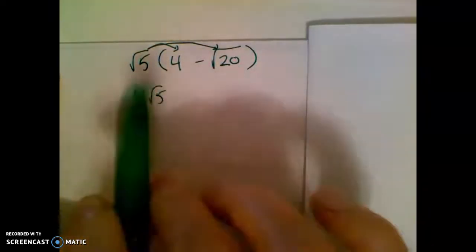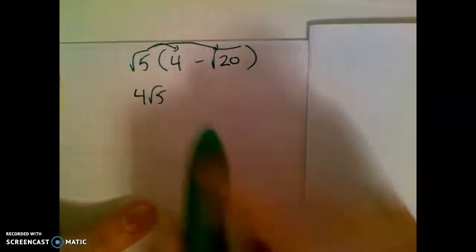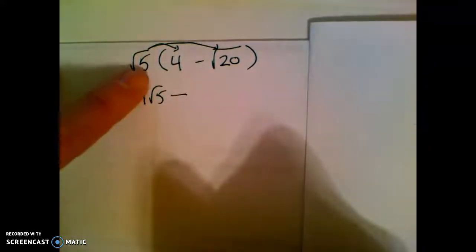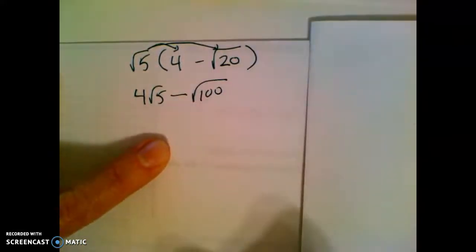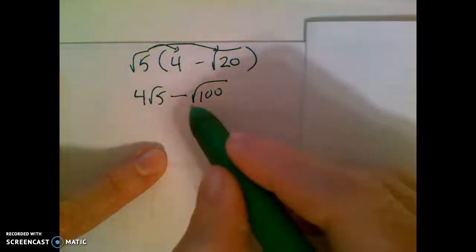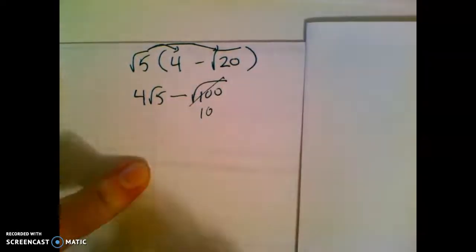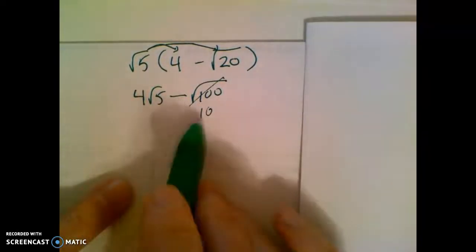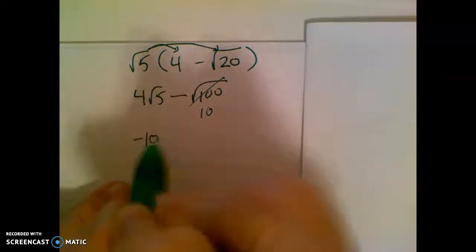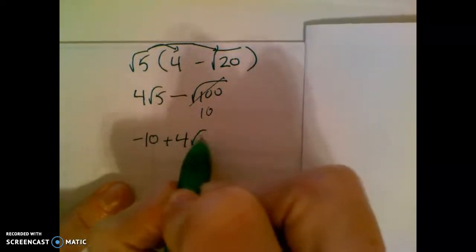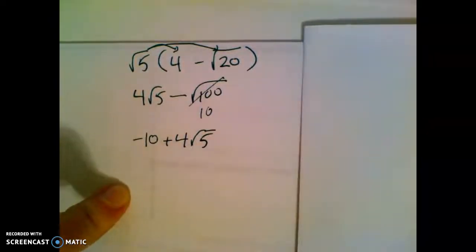The outside numbers are 1 and negative 1, so it's just a negative. And then 5 times 20 is root 100. And then square root of 100, hopefully you know, is 10. So we have 4 root 5 minus 10.